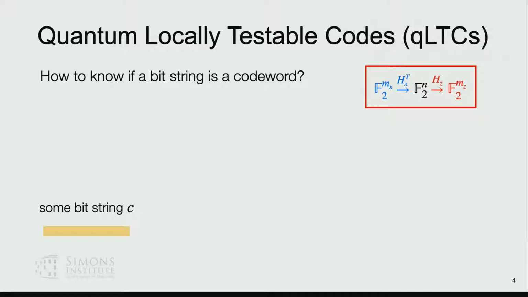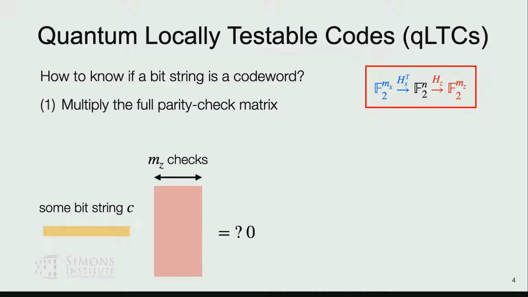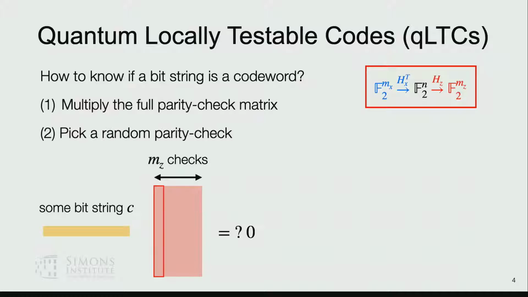So to motivate the definition, we'll ask, given a bit string, how do we know if it's a codeword? Well, one way is to just multiply by the full parity check matrix. By definition, the result is 0 if and only if the bit string is a codeword. But now you might ask, maybe it's enough to just pick a random check. So we just pick a random check, and then we test whether, when you multiply, it's 0 or not.